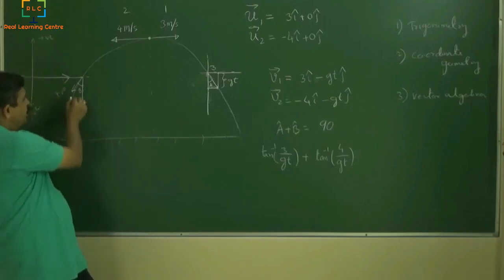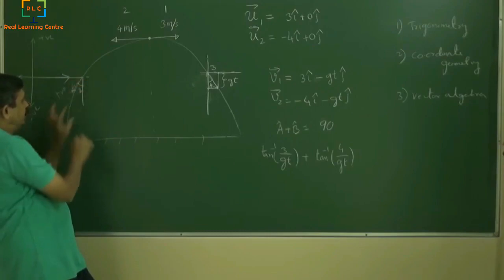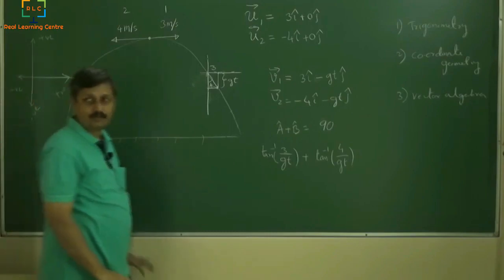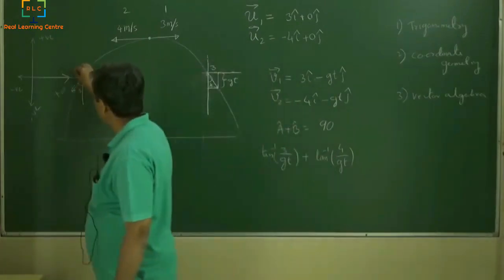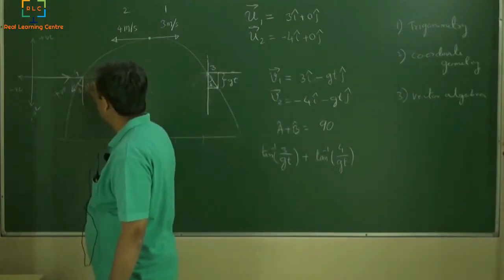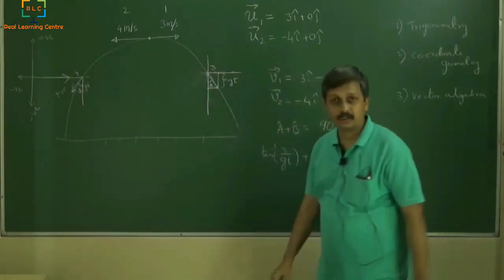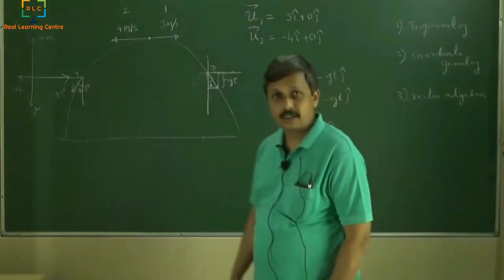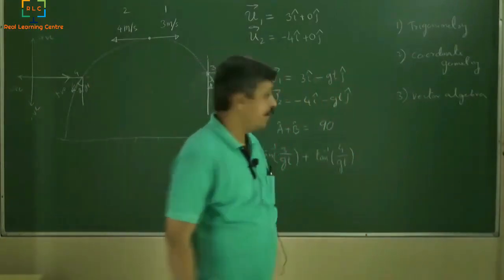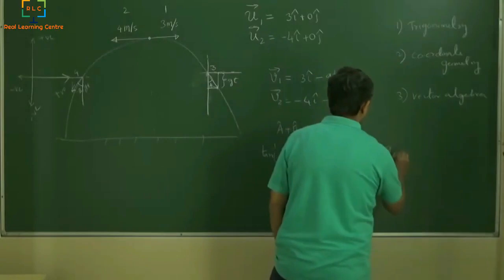It doesn't matter whether it is minus or plus. This length divided by this length is what we are worried about. This length is basically 4 and this length is gt. So this is 4 by gt and this is equal to 90.